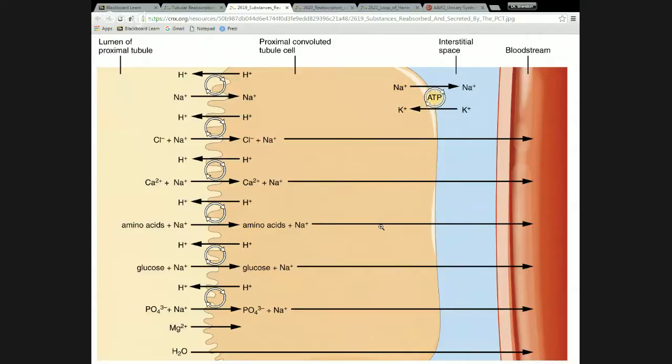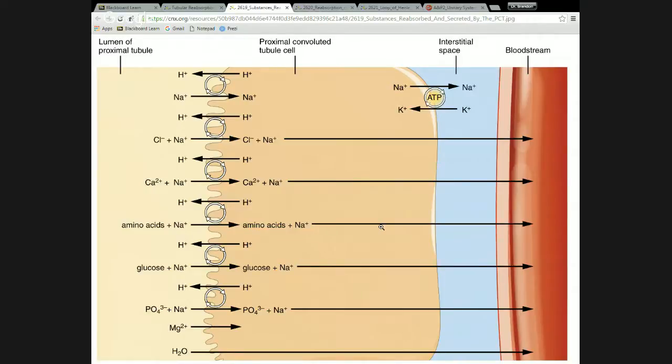Most of this is actually tied to the transport of sodium. On the basal side of this cell is a sodium-potassium pump. ATP is hydrolyzed to force sodium out of the cell and potassium back into the cell. This is the exact same molecule that we met way back in chapter 12 in A&P 1 that helps to maintain the resting membrane potential in neurons.